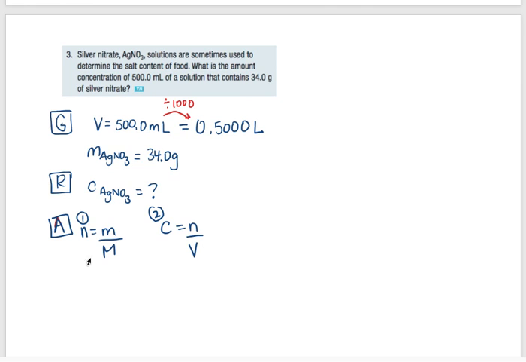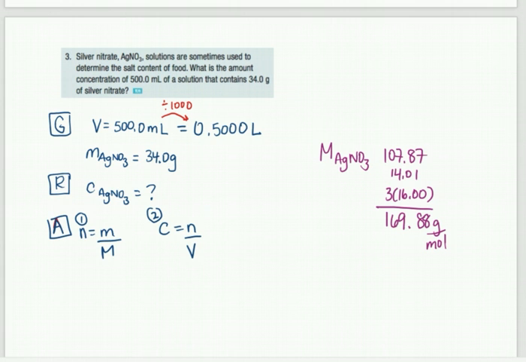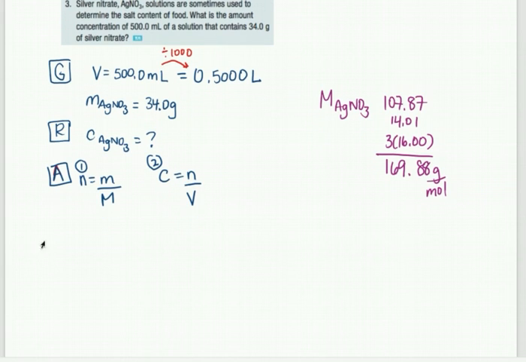All right, but before we keep going, we need to find the molar mass of silver nitrate. So we'll just do that really quick here. Okay, so we have all the information now that we need in order to get to calculating here. So we'll start off with our first step here. We need our mass divided by our molar mass.